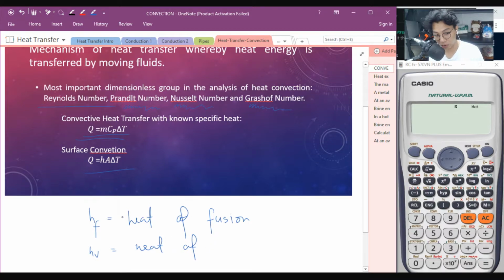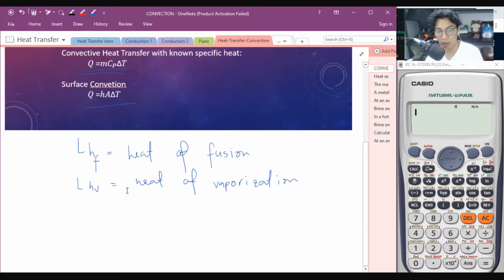Actually, ito, latent heat of fusion, LHF. LHV, latent heat of vaporization. It is the amount of energy you need to turn a kilogram of water into vapor at 100 degrees Celsius. Latent heat of fusion is the amount of energy you need to turn 1 kilogram of water into ice at 0 degrees Celsius.